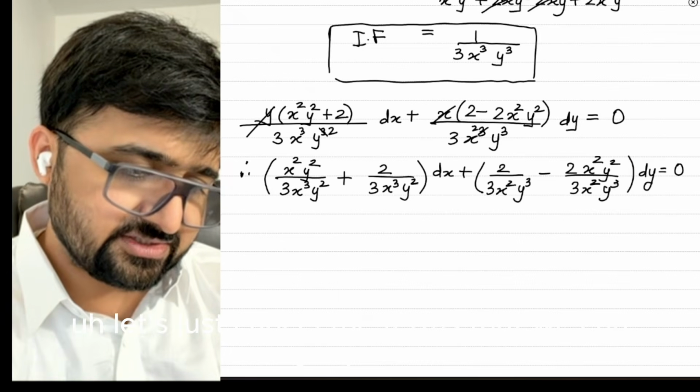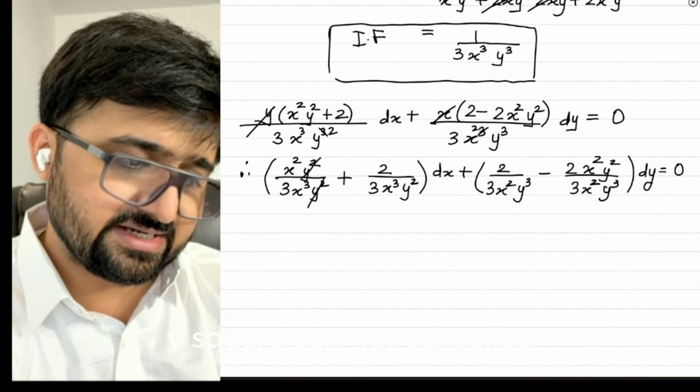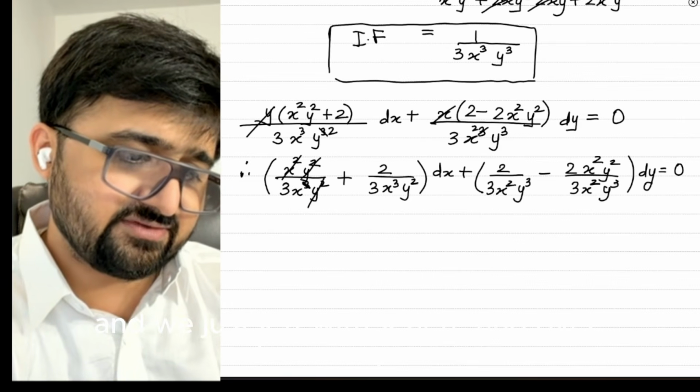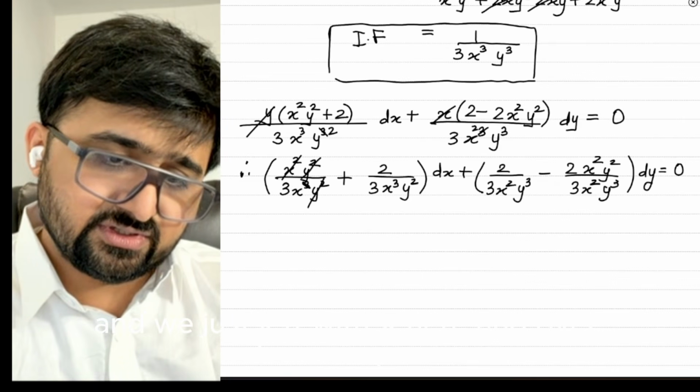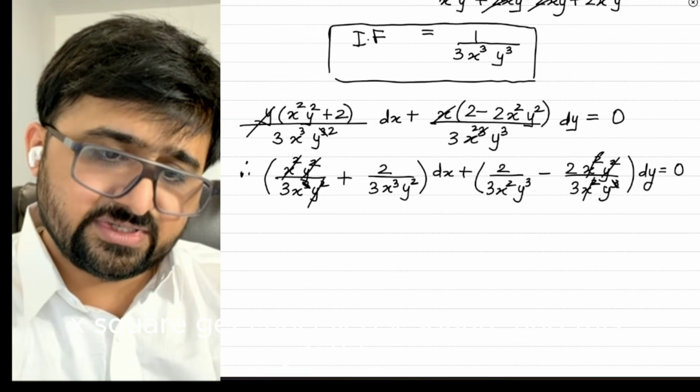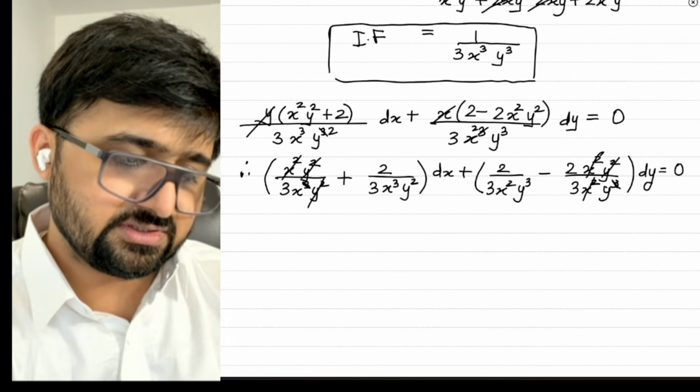Let's just cancel the terms that we can. y² can get cancelled, x² gets cancelled and we are just left with x here. And over here, x² gets cancelled, y² cancelled and this y is left here.